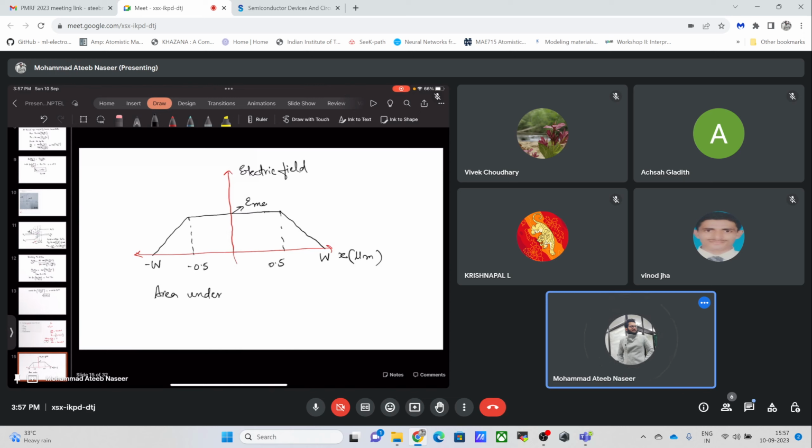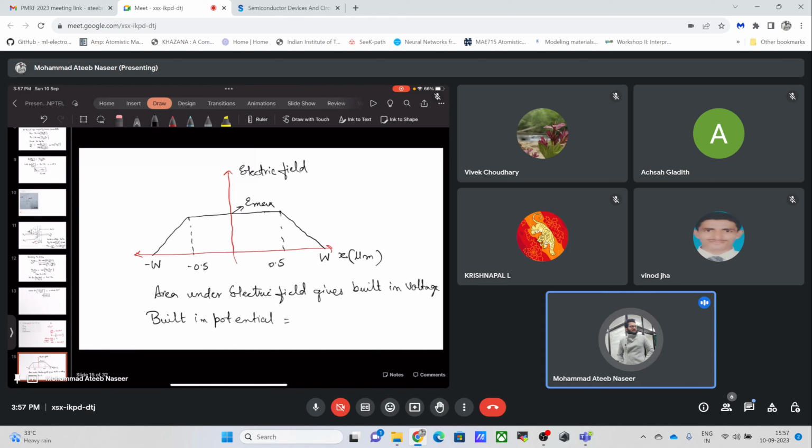So the area under this electric field gives the built-in voltage. Now this built-in voltage is simply equal to area, so let me write it in terms of the area.